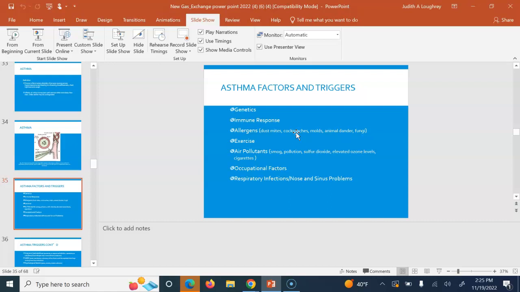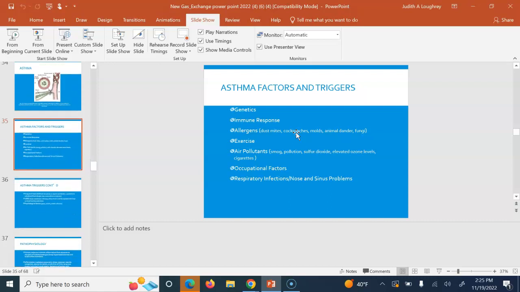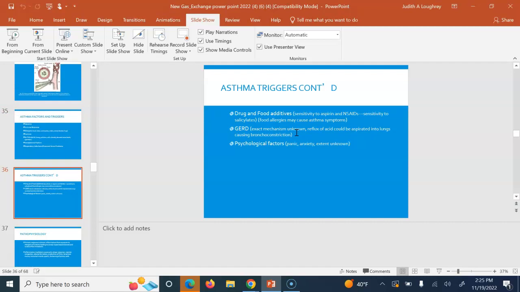Occupational factors can also be triggers, especially when the occupation involves exposure to air pollutants. Respiratory infections and nose and sinus problems are also triggers. Other triggers can be food and drug additives, which you can have a sensitivity to. It may not be an allergic response, but it's a sensitivity.